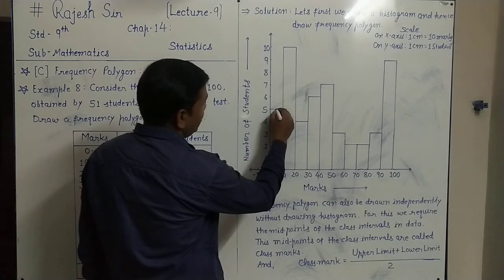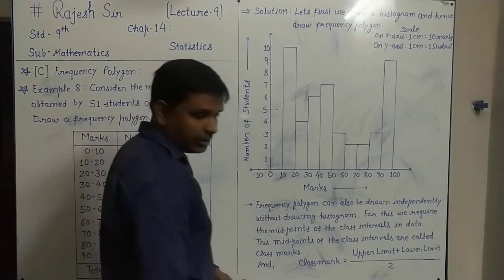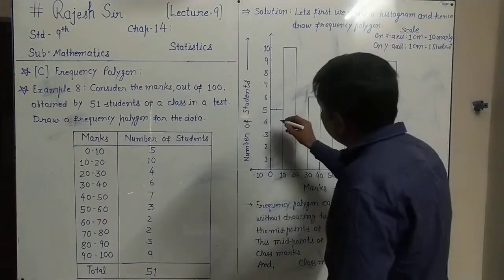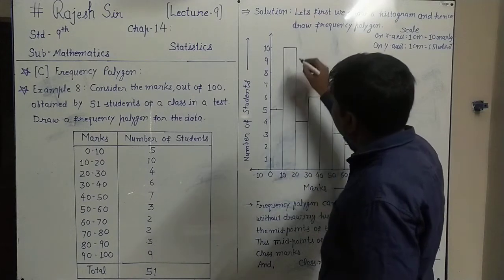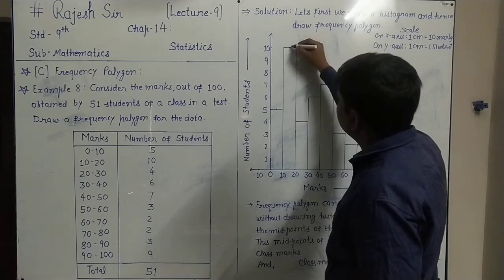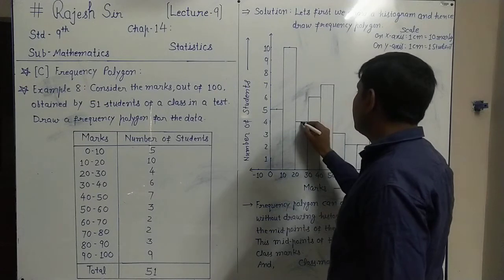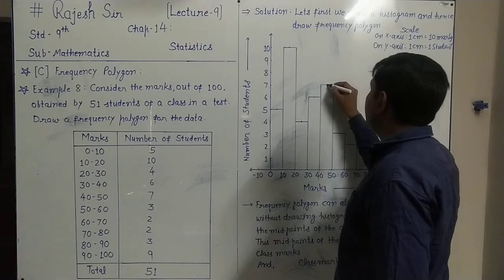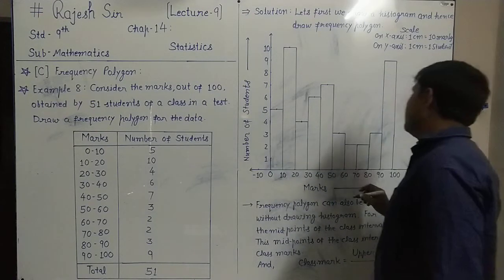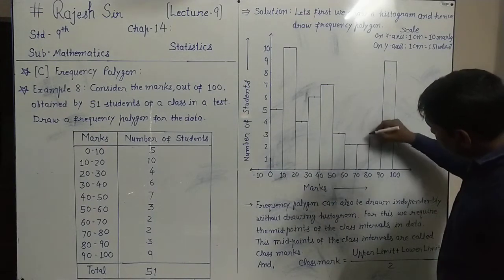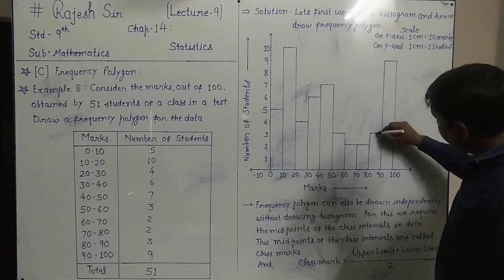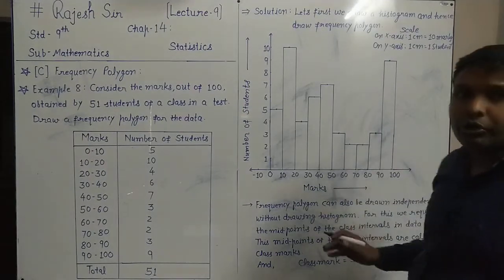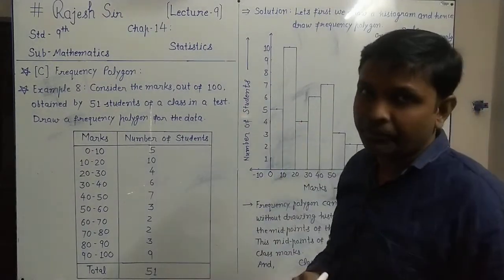We take the midpoint of the top surface of each rectangle. So we get the midpoint of every rectangle's topmost level, right?